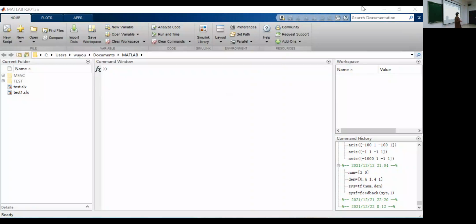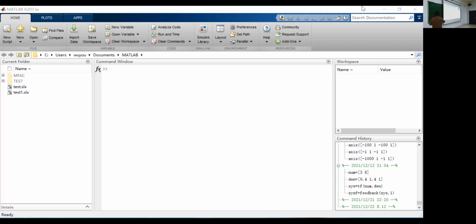Once you complete the Laplace transform, then you get the output over input, and you get the transfer function. And then how to show a transfer function in MATLAB? How to build a transfer function in MATLAB then? So here are some codes we should use.